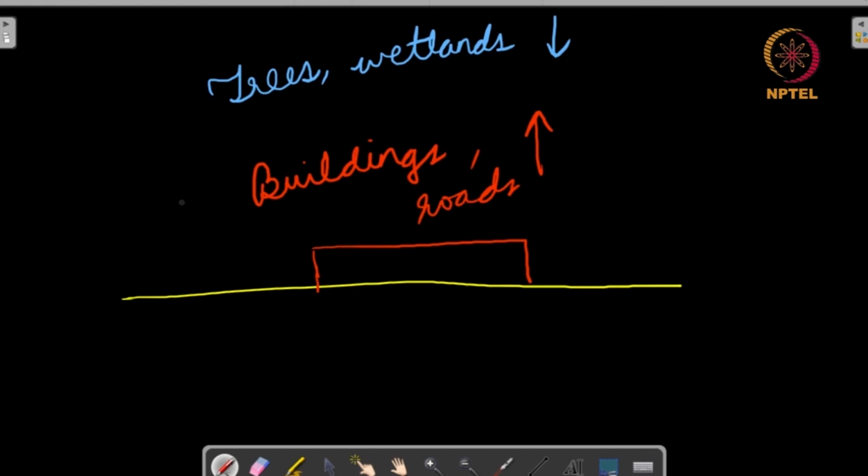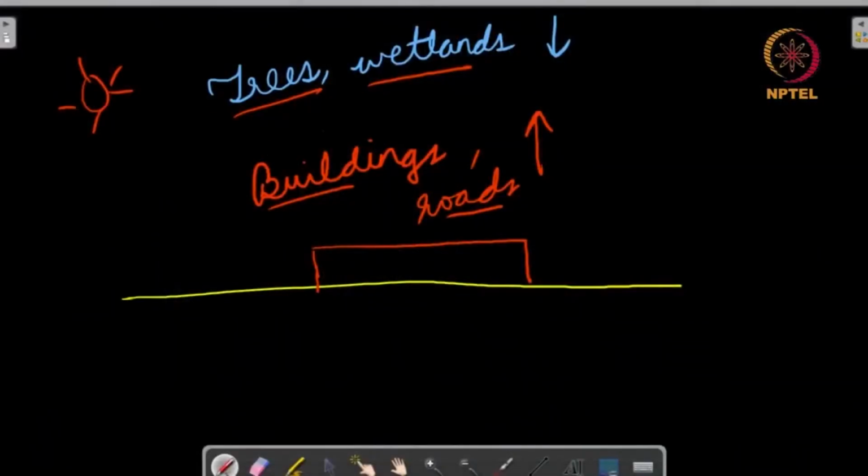Now, when we talk about the energy from the sun, if you have trees, there will be shade. If you have wetlands, they will moderate the climate. But buildings with lots of concrete and roads made out of either concrete or tar absorb the heat. They retain the heat. And in that case, these areas become warmer than their surroundings.